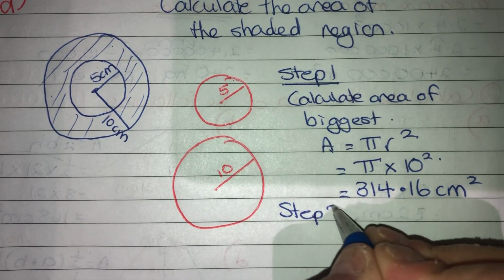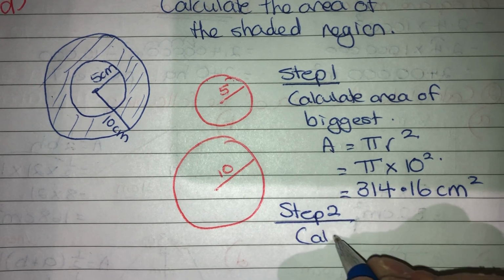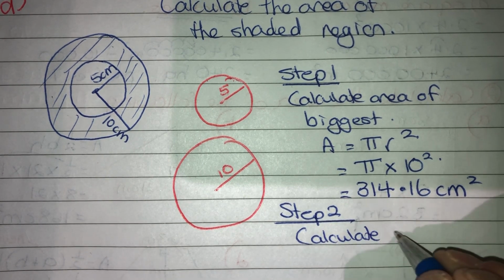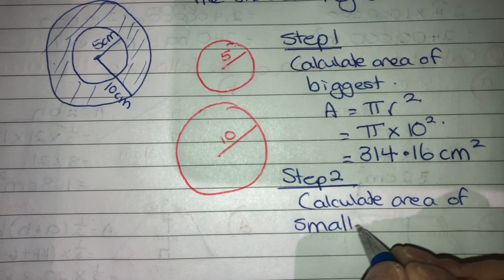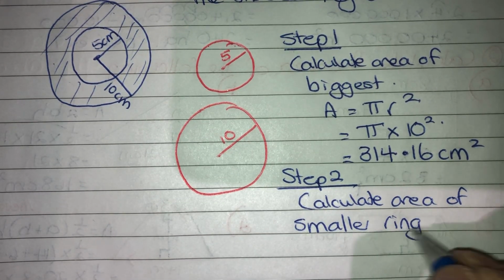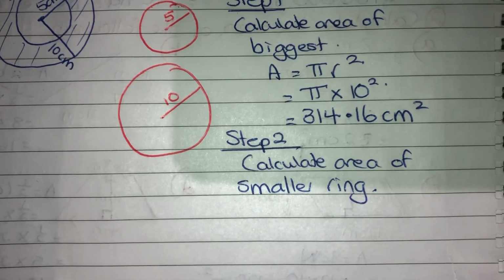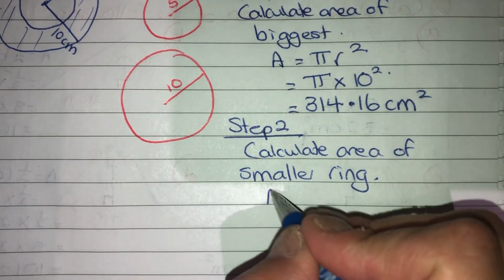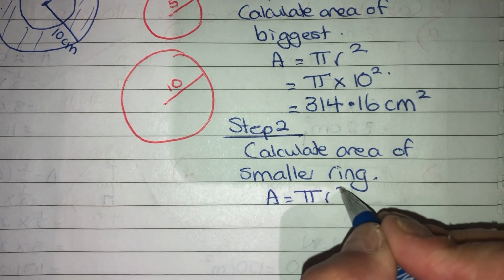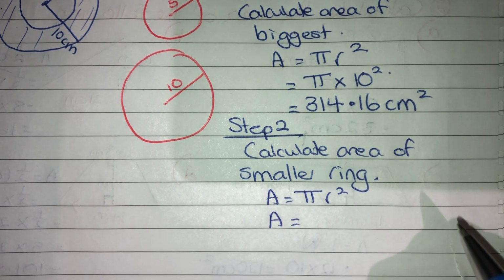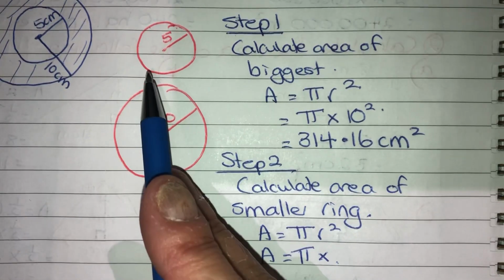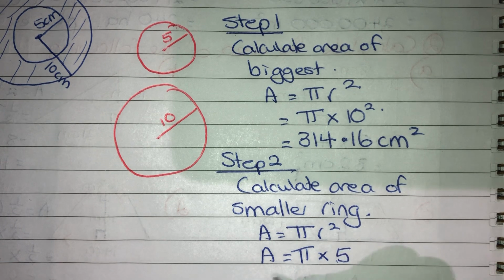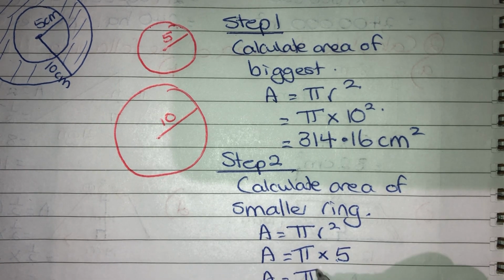Step 2 is calculate the area of the smaller circle. Now don't forget to pause if I'm going too fast. So we have area equals pi r squared, area equals pi times, this time our radius is 5, so it's going to be pi times 25.